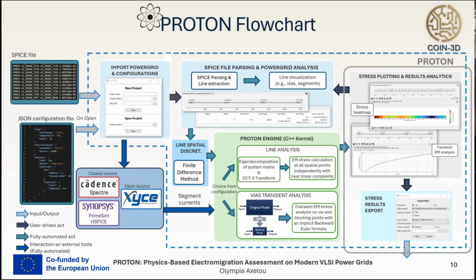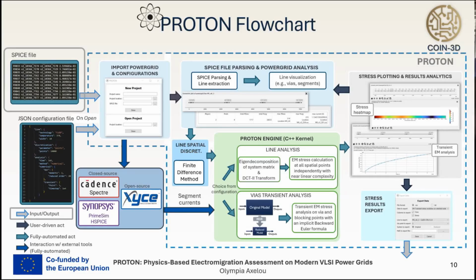And as we said, the primary goal of Proton is to be compatible with typical industrial design flows. This is actually guaranteed by the use of the widely accepted SPICE format for power grid design for the parasitics. Also, we are always in sync with the present industrial design methodologies and commercial EDA tools as we integrate in the flow of our tool external circuit simulators like HSPICE by Synopsys and Spectre by Cadence.